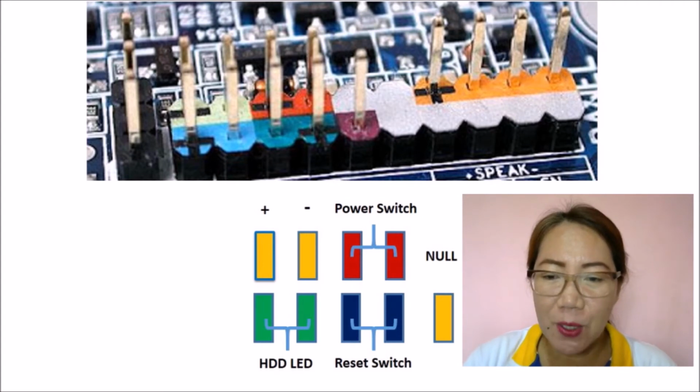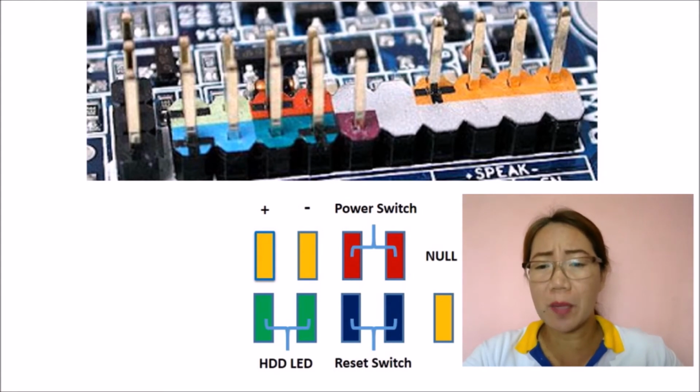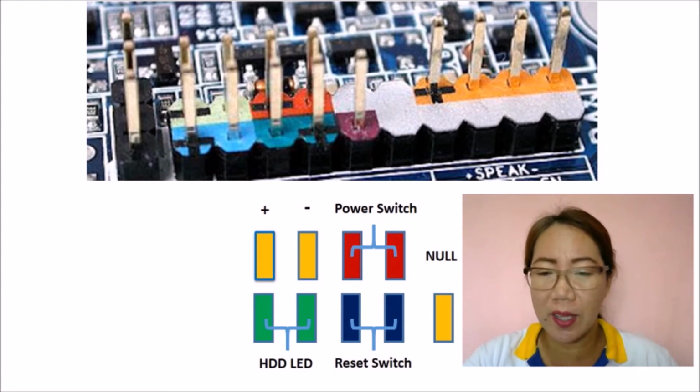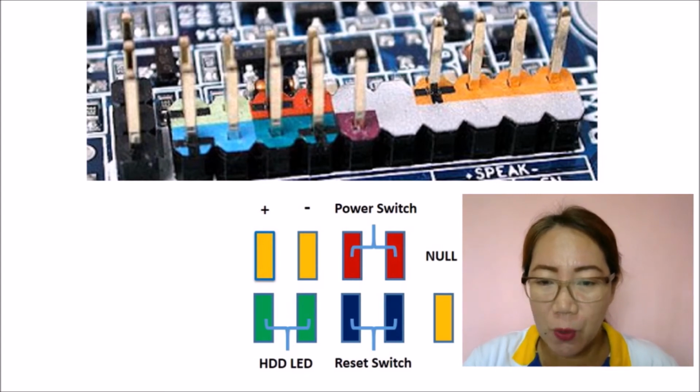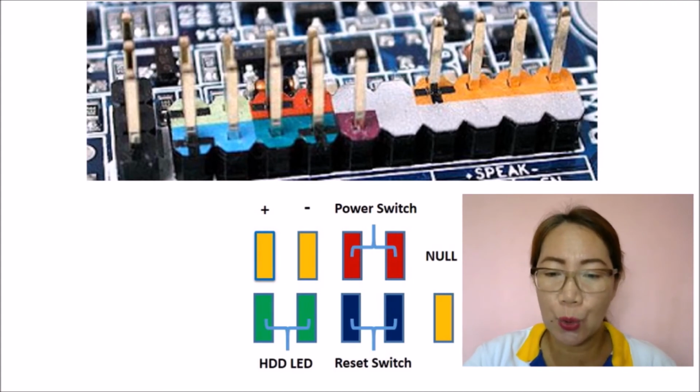It actually depends upon the motherboard; sometimes they don't have color coding. I just use the colors so that you will know that the power switch has 2 pins, the negative only 1 pin and the positive 1 pin. HDD LED has 2 pins and the reset switch has 2 pins.